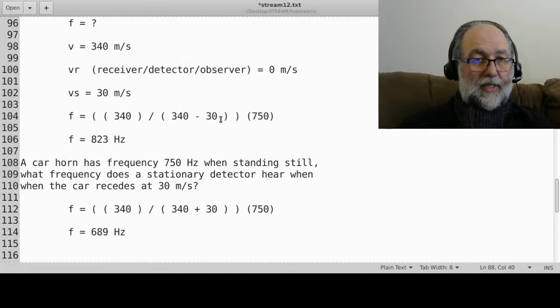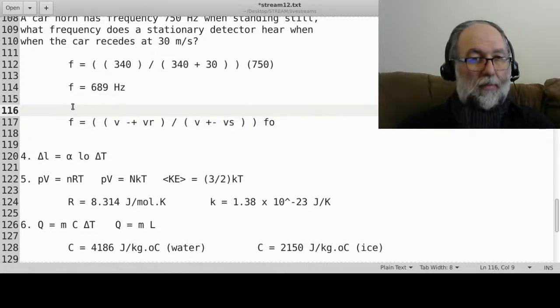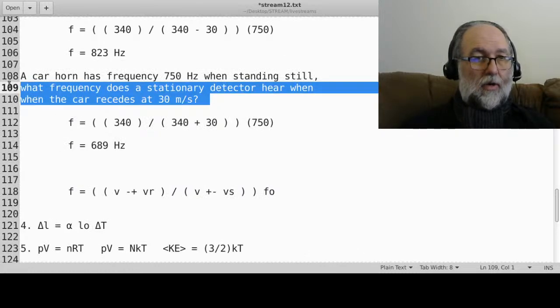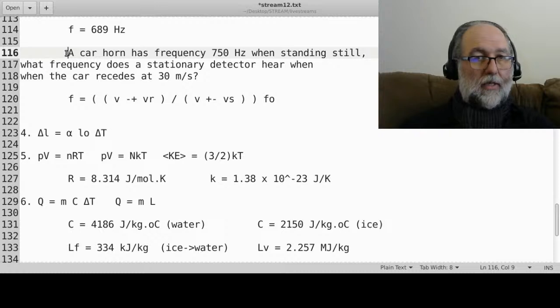Okay, but if you go back to this formula right here, there it is. Well, you know what? Maybe just one more, very quickly. It doesn't take that long. So we'll do this, copy, paste.